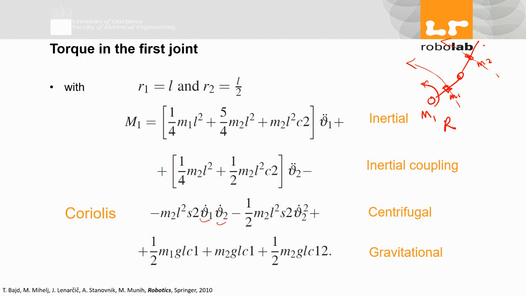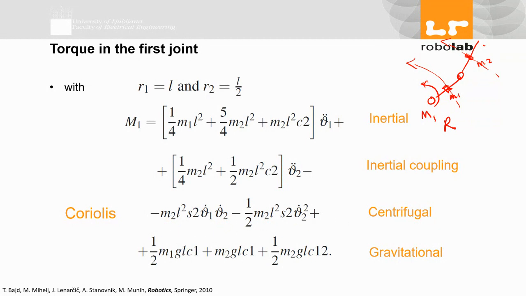It is the multiplication of the speed of 1 and 2 and the speed of the second one squared. So it's related to the speed of both this mass and the other mass, and also related to the mass of the object we are moving.